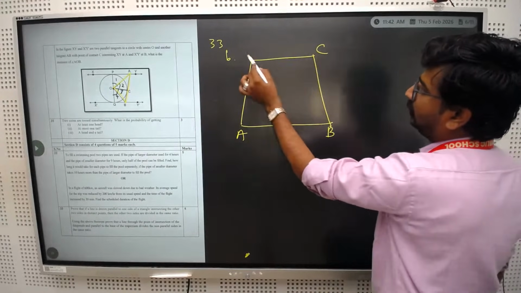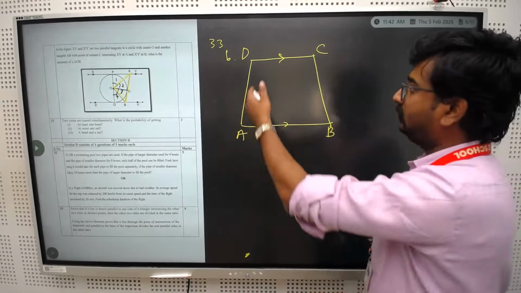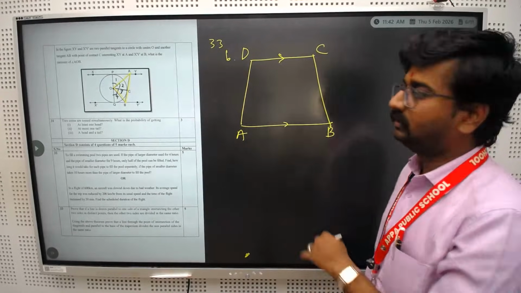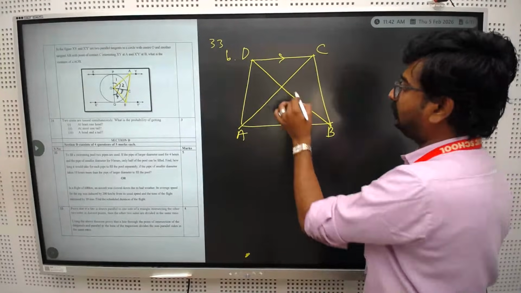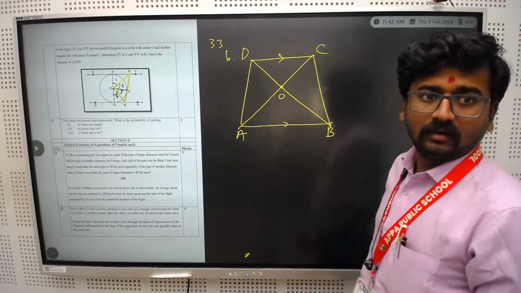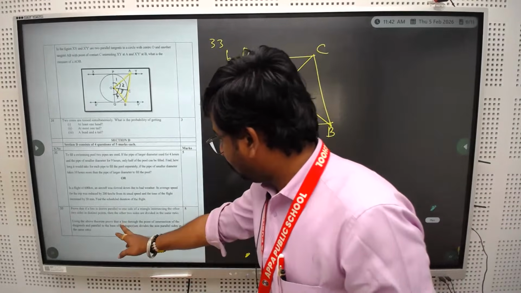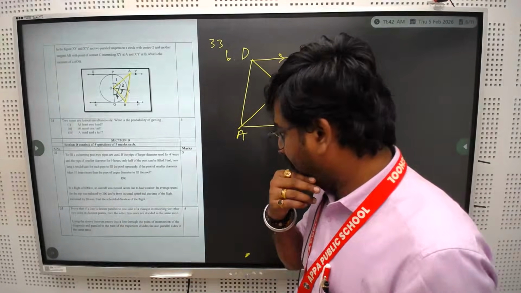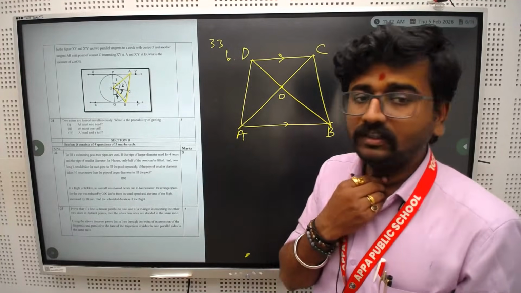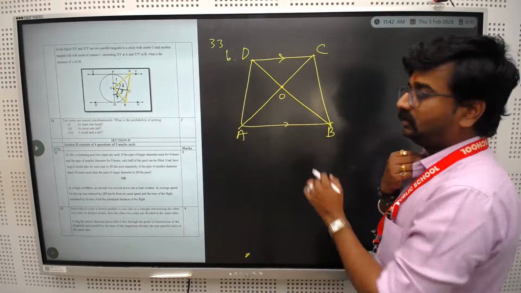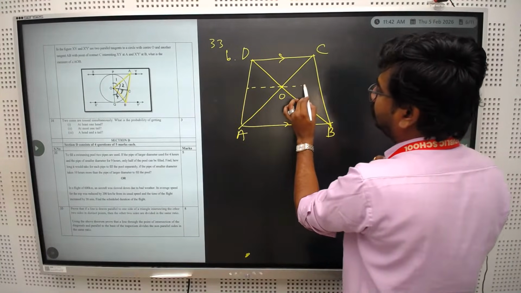ABCD is a trapezium where AB is parallel to CD. The non-parallel sides are AD and BC. First, I will join the diagonals, intersecting at a point. But it also says one more thing: the line through the point of intersection of diagonals and parallel to the base of the trapezium. What is the point of intersection here? O.